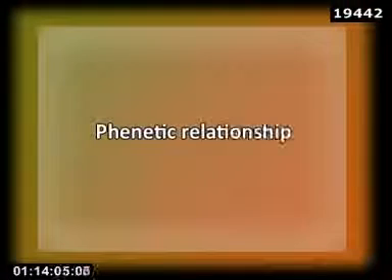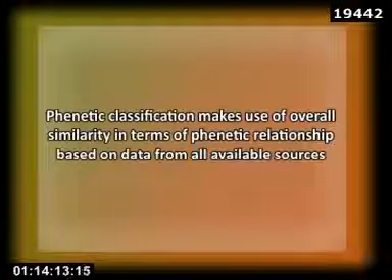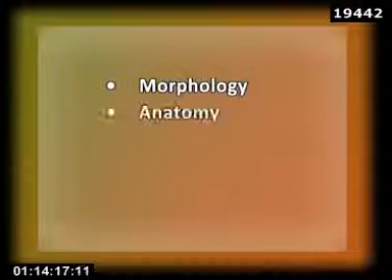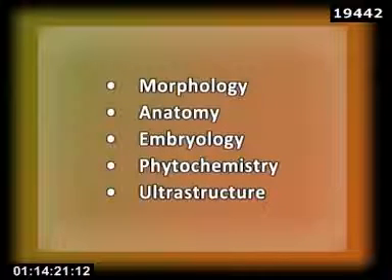Overall similarity is now judged on the basis of features derived from all the available fields of taxonomic information, that is phenetic relationship. Now phenetic classification makes use of overall similarity in terms of phenetic relationships based on data from all available sources such as morphology, anatomy, embryology, phytochemistry, ultrastructure, and in fact all other fields of study.